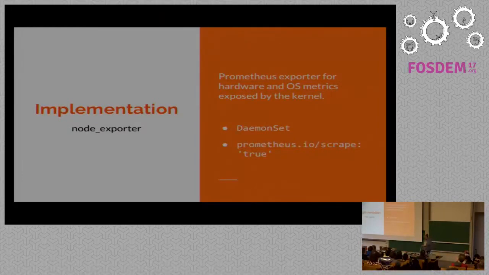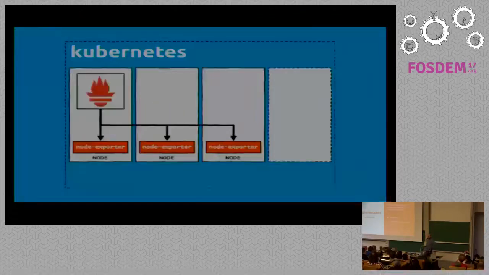As a daemon set, it runs per default on every cluster node available. So if someone decides to add another cluster node, it will get automatically started there. And with this annotation, prometheus.io/scrape true, Prometheus will automatically find this new node exporter. So when adding new cluster nodes, no one would have to change something in the configuration. It would simply appear in Prometheus.